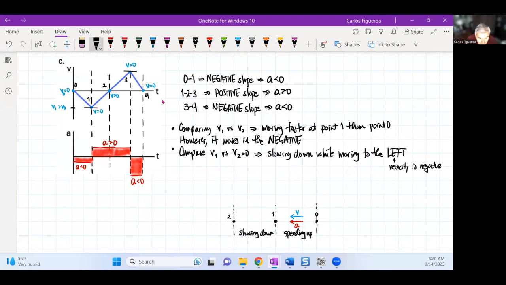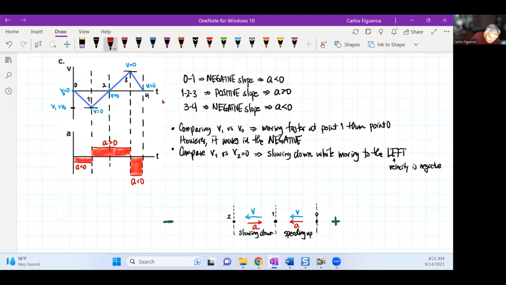If I look at my directions, this direction over here is my negative direction. This direction here is my positive direction. So when I look at my velocity, I'm still moving in the negative direction, but now my acceleration is in the positive direction.